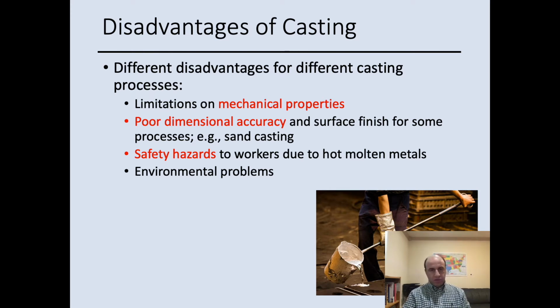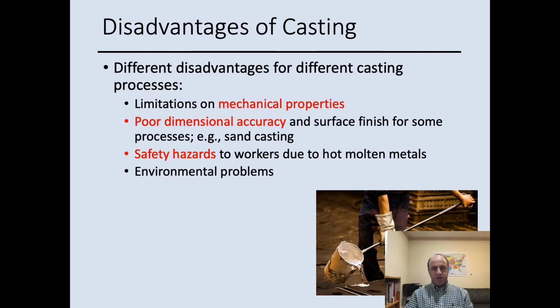Another problem, especially for sand casting, is the dimensional accuracy. If you have a poor dimensional accuracy, the surface finish is rough. Depending on the application, if you need high accuracy, then a machining process is recommended.